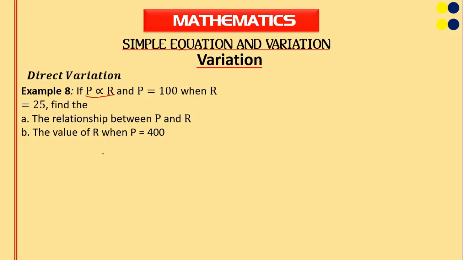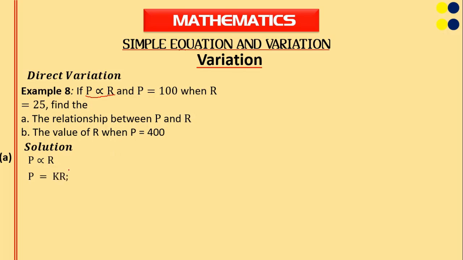Now, in a typical variation question, we know that by definition, if P is directly proportional to R, the other form of this expression is by writing it as an equation. So we're going to write it as an equation.